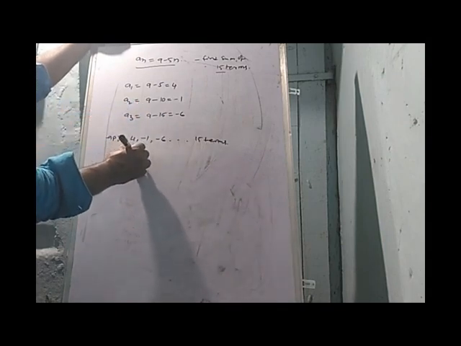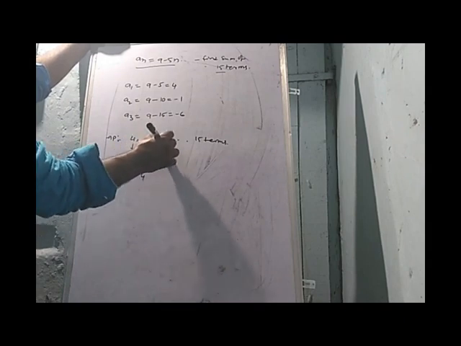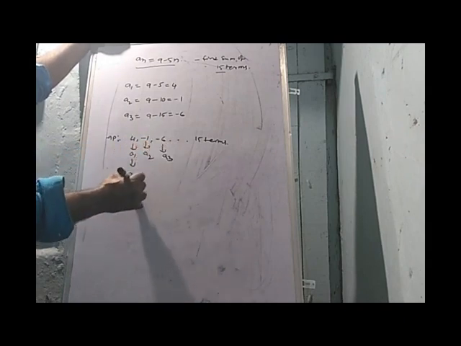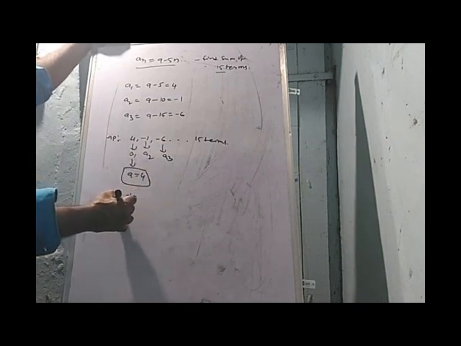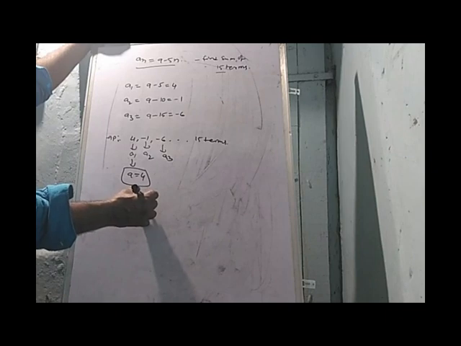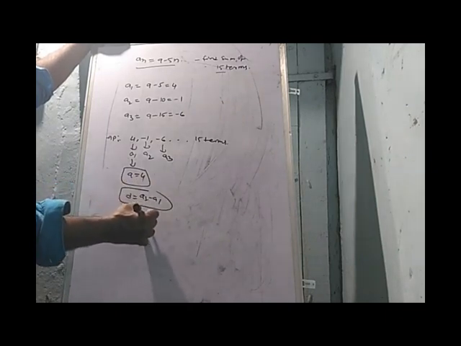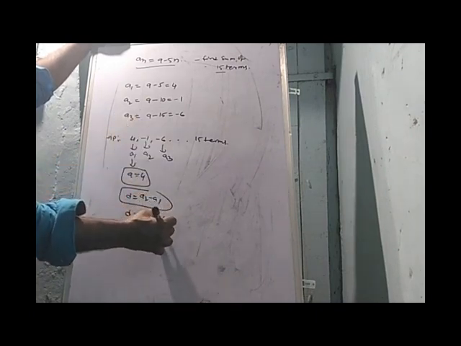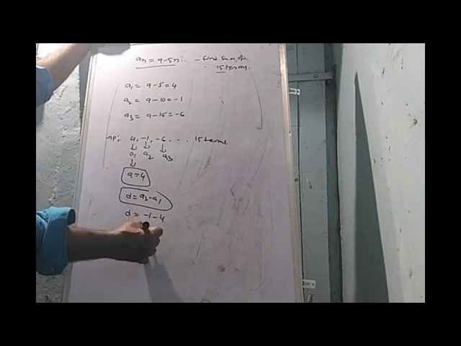So this is a1, as a equals 4. This is a2, this is a3. We got the first term, and we need to find d, a2 minus a1. What is a2 here? Minus 1. Again here minus 4. Minus 1 minus 4, both same signs, negative numbers, so find their sum: minus 5.